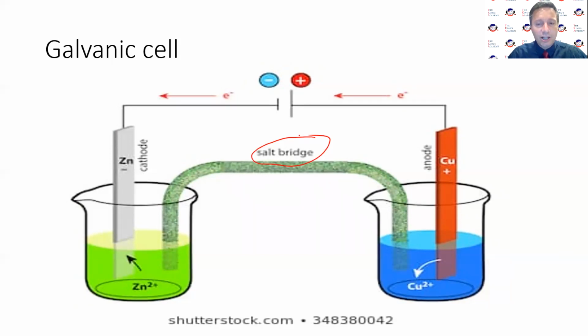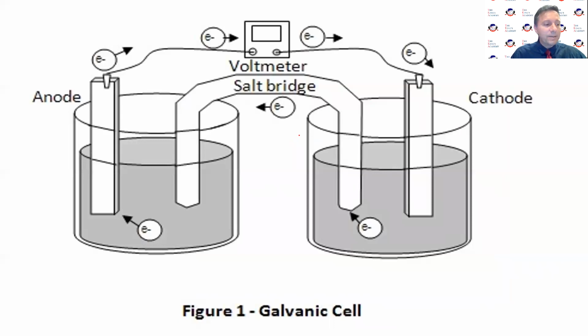So I'm going to change the slide, and I'm going to begin the process of labeling. I'm going to label this as zinc. So I'm going to come over here and put Zn, and that is solid zinc. And over here, we're going to have Cu, and that's solid copper. And we're going to place that in this container. So we have our salt bridge, which is made of a porous gel-like material.